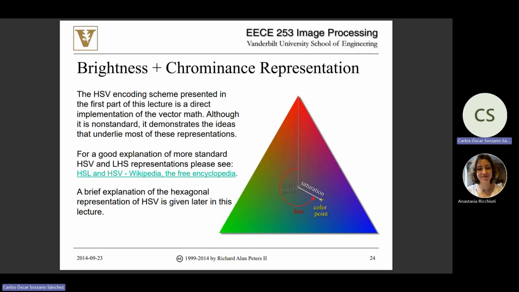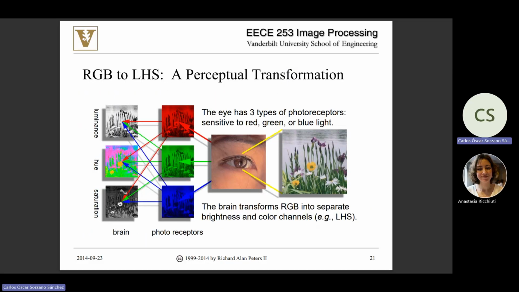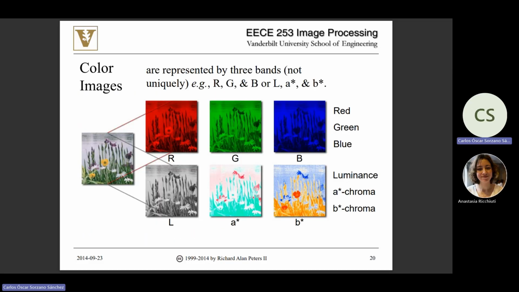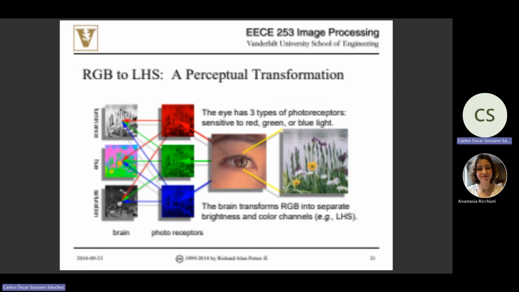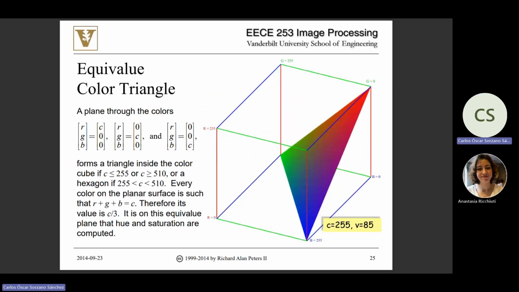Here you have a couple of them, HSL and HSV, but we have already presented also this one, luminance and chroma. There are many, but they all separate into how many and what is the nature of those photons. Okay, good. So let's start with the color cube.